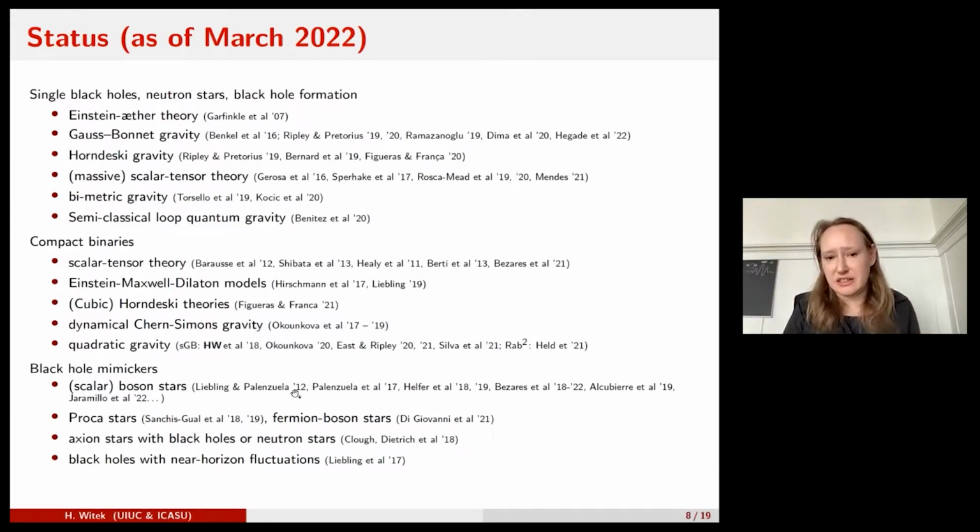There's a couple of recent works by Will East and Justin Ripley, where they use a formulation where they don't have to make this expansion explicit.